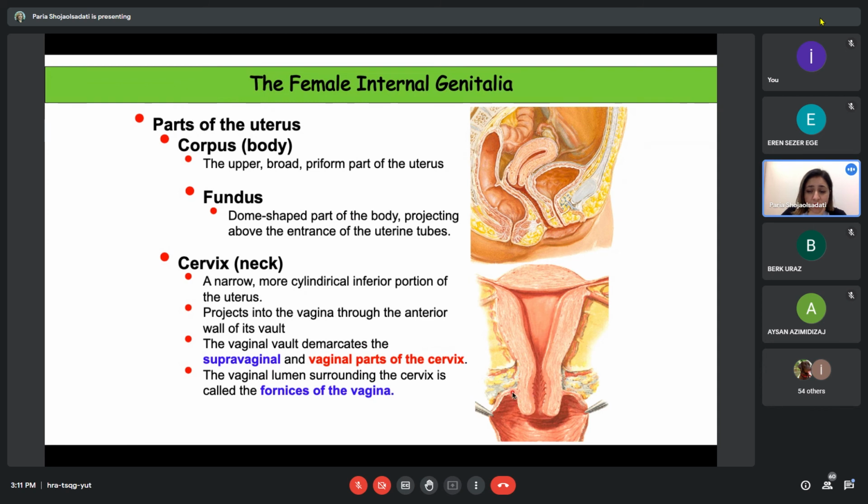If I cut with an imaginary horizontal plane, the superior part is named the supravaginal part, and the inferior part is named the vaginal part, because this inferior half of the cervix invaginates into the vagina and makes pouches on the anterior, posterior and lateral sides. These are named the vaginal fornices: anterior vaginal fornix and posterior vaginal fornix.